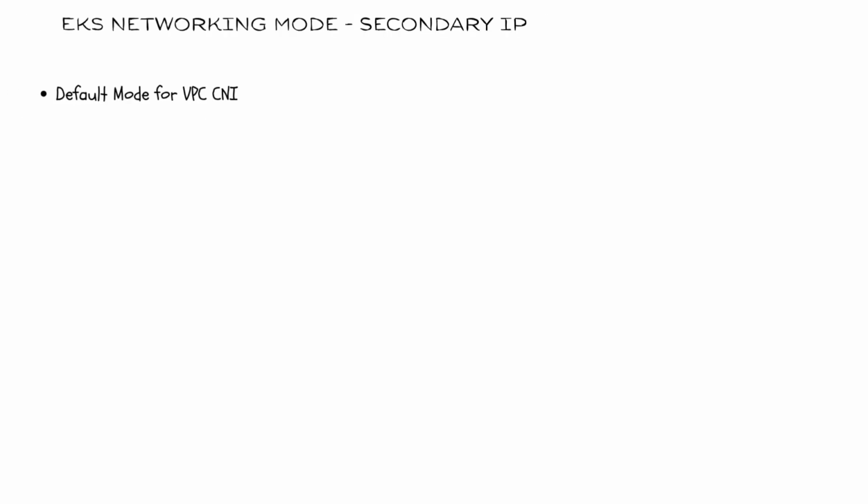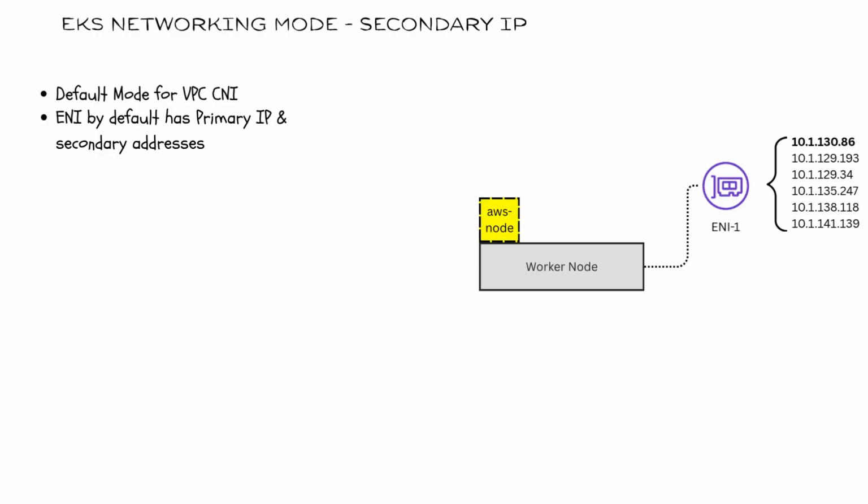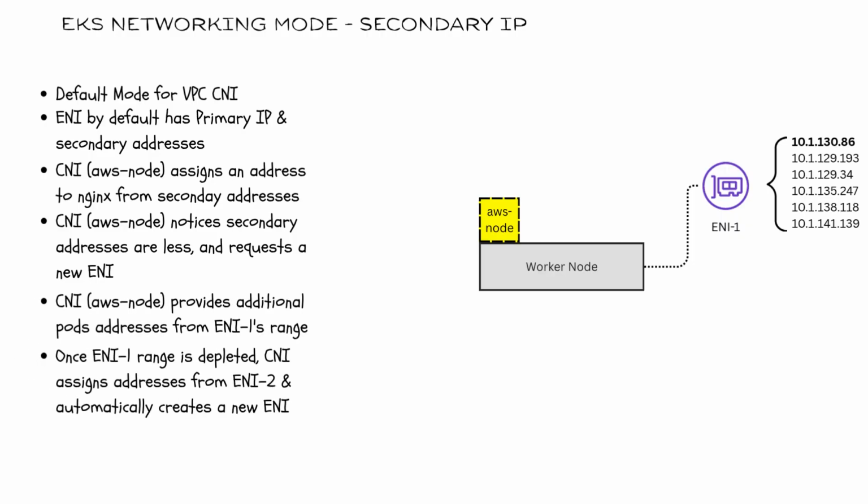Secondary IP is the default mode for VPC CNI. The ENI, just like any other EC2 instance's ENI, has a primary IP address. AWS node is a daemon set that runs on each worker node and manages all networking aspects on the worker node, from IP address allocation to attaching and detaching additional ENIs to the node, to NAT behavior and much more.